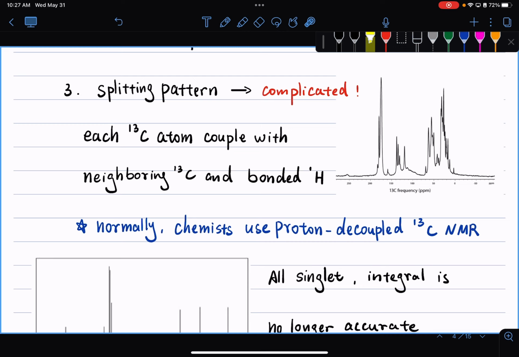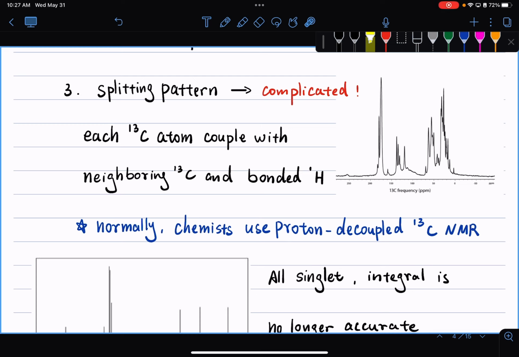This effect is not obvious in proton NMR because carbon-13 is a very rare isotope. The result of that complicated coupling is a very complicated splitting pattern. At the 14C level, I do not expect you to understand or rationalize this splitting pattern.